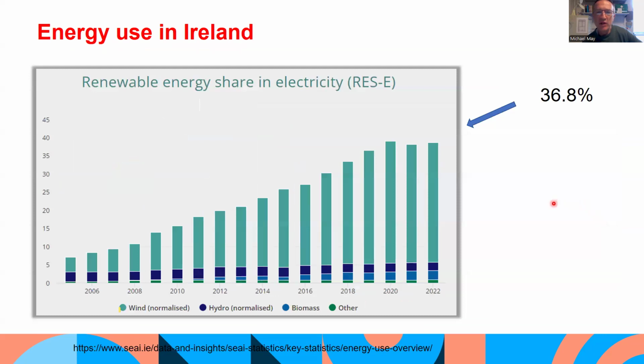And then finally, if we look at that renewable share, we can see that in the main it's produced by wind. A large portion of our renewable energy is produced by wind power. And then we have hydro and biomass. And I suppose solar will be one for the future, perhaps.